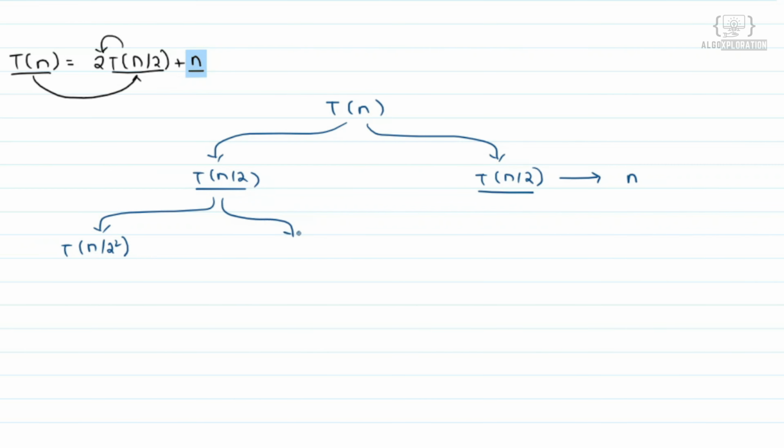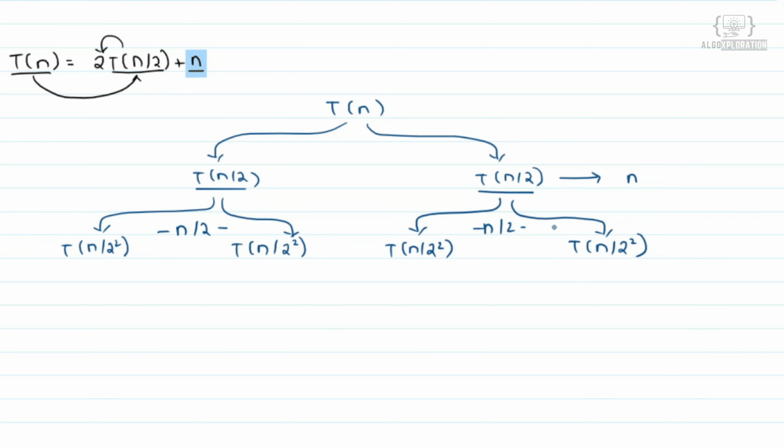Similarly here also T(n/2^2), and here T(n/2^2). Now the cost of this will be n/2. Similarly the cost will be n/2. Now the cost at this level will be 2 times n/2, so it will be n only.